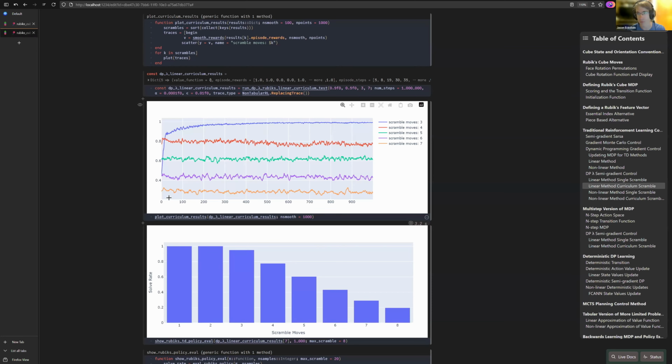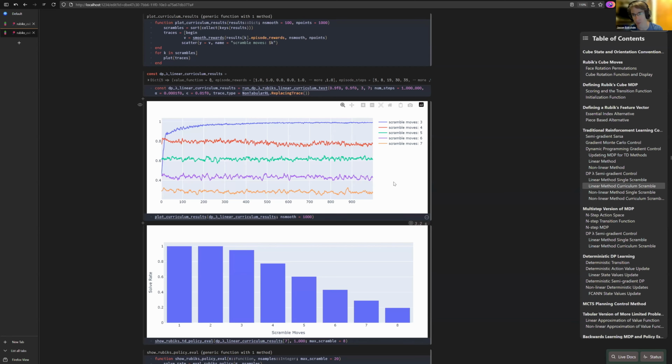But the reason for that would be that we shouldn't train it that way. Here we're training it where we have a value function that we know works for a certain set of cubes, and then we're trying to expand its performance range into a slightly harder problem. And we're still running into this wall.